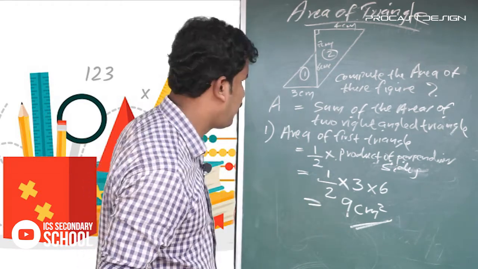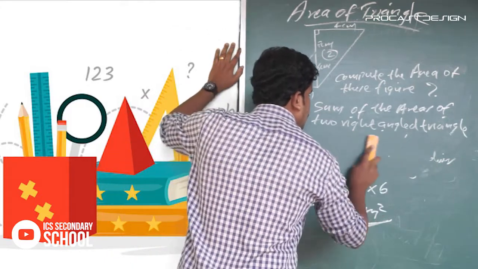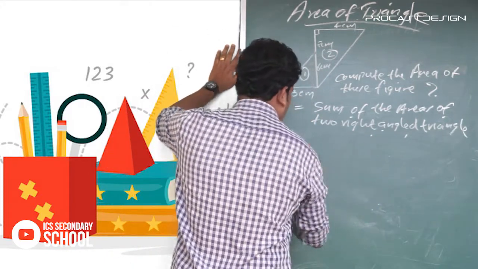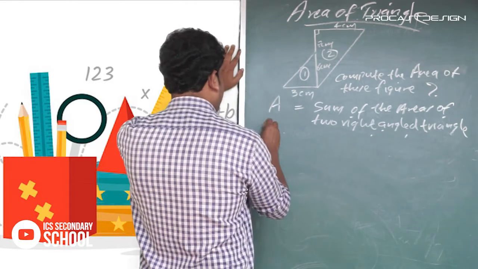Yes. Then the area of the second right angle triangle. This is the second right angle triangle.